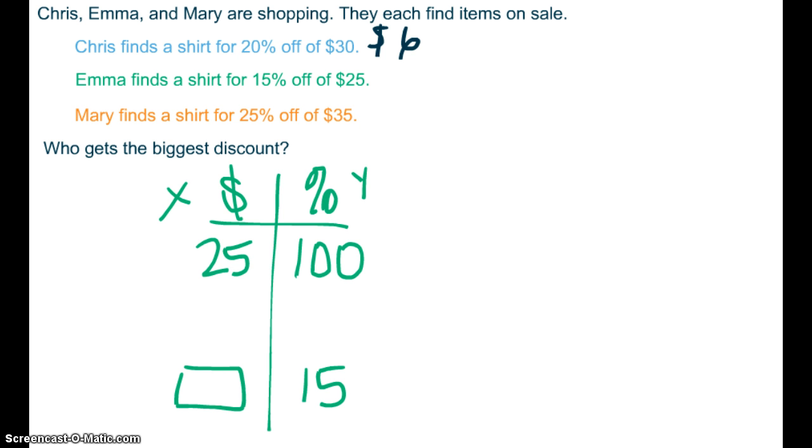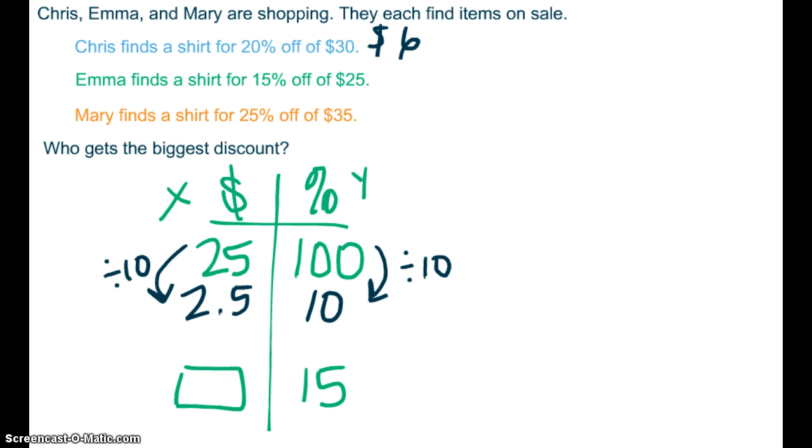How much is 15%? So, remember, what is your friend, kids? 10% is your friend. So, what you can do is divide by 10, and all that does is moves your decimal points. So 10% of a $25 item is $2.50. Now, can't I then go from 10 down to 5? I can divide that in half.